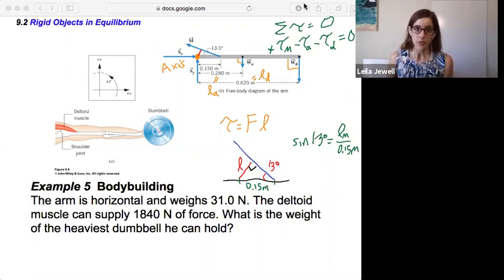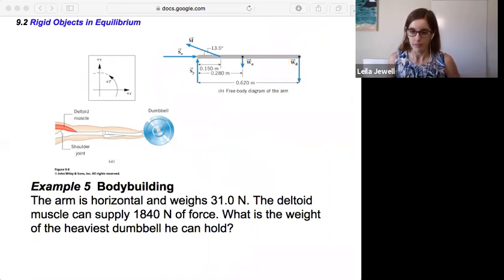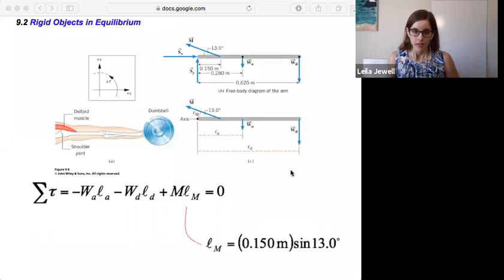Let's jump over to the solutions that are already written out for us. So here we have labeled the lever arms very nicely, and the sum of the torques is equal to the negative torque of the arm, the negative torque of the dumbbell, positive torque of the muscle. Those all have to come to 0. And just as we found, the lever arm for the muscle is 0.15 meters times sine 13 degrees.